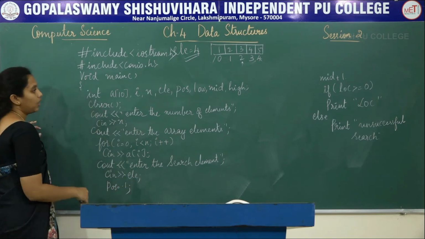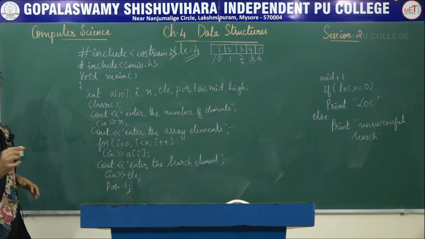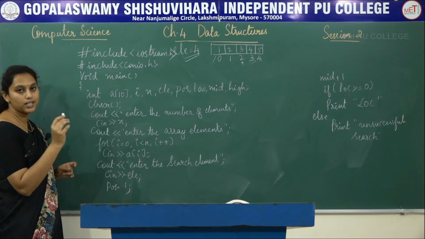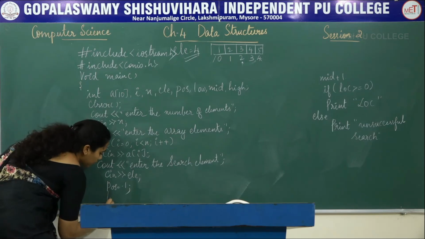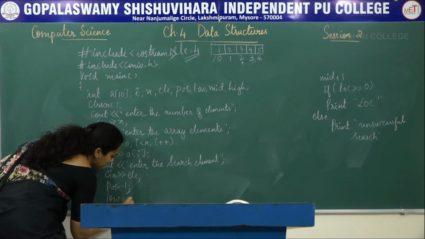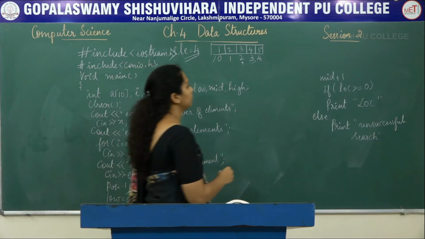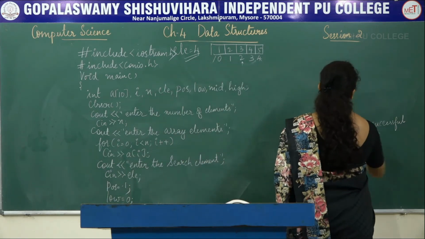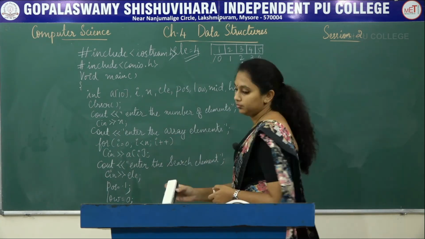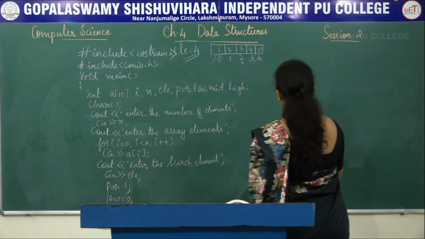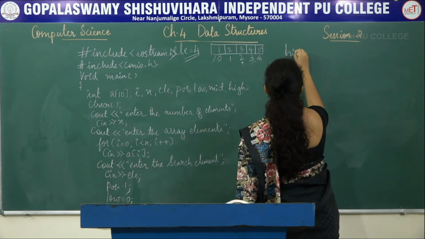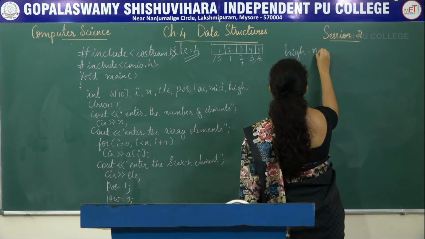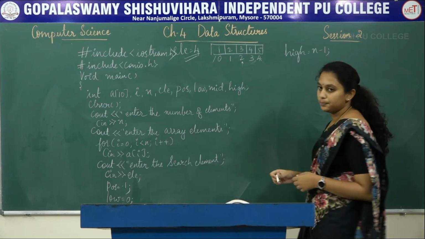Then the position is -1. Then what we have to do? We have to note down the values of low as well as high. Low is equal to 0. High is equal to n minus 1.